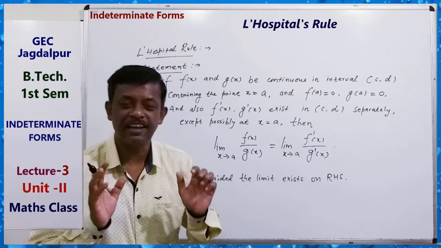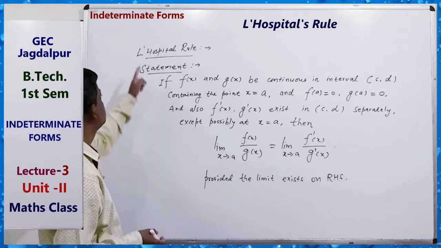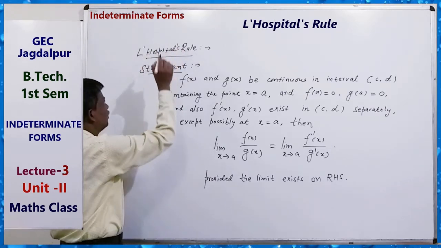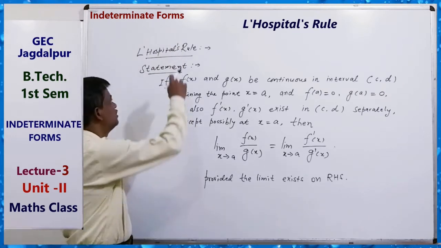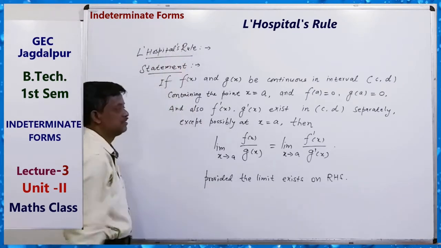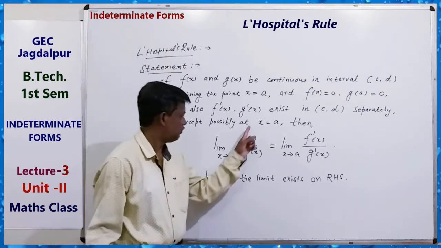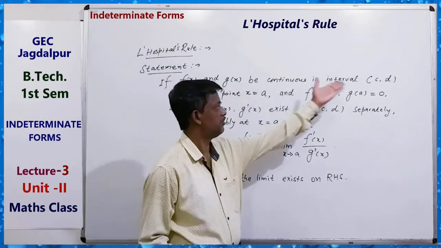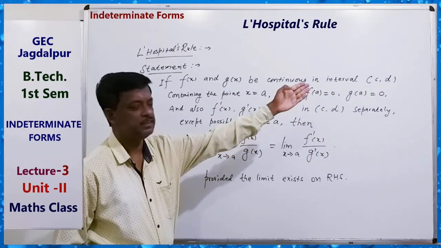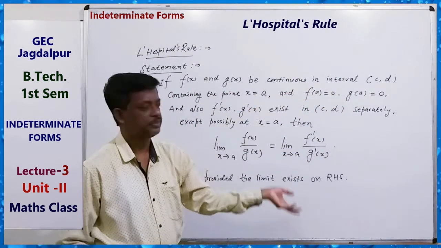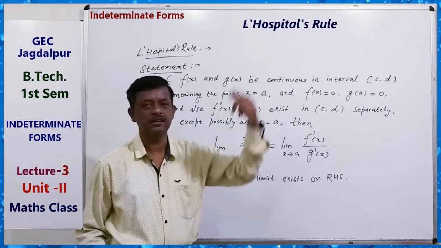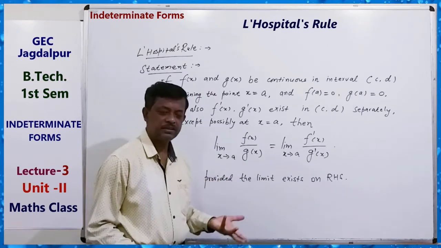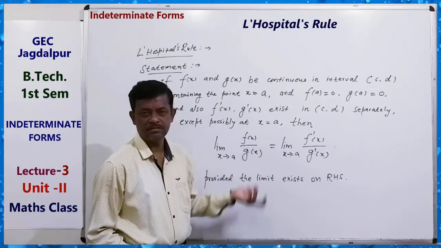What is L'Hospital's rule? The fraction f(x) by g(x), where f(x) and g(x) are defined and continuous in the interval [c, d] and whose derivatives also exist in that interval, is of the form 0 by 0 at a.